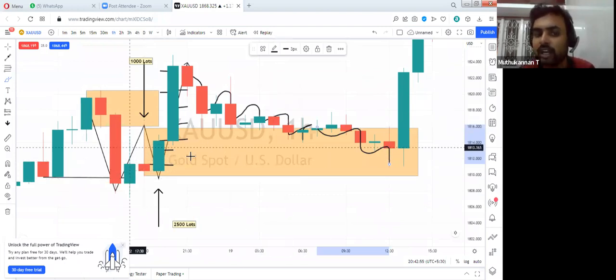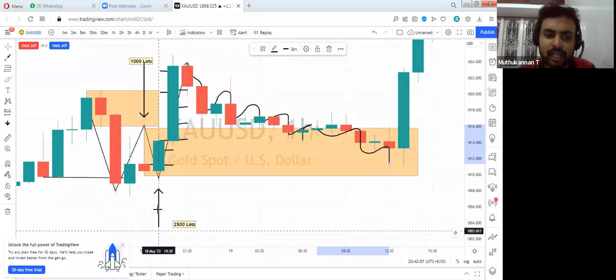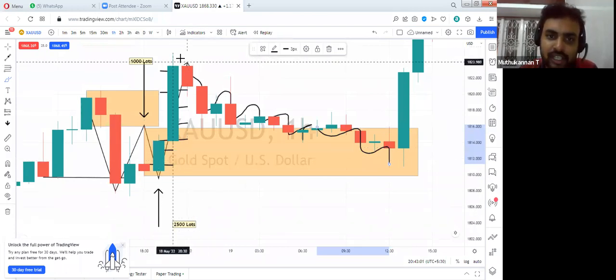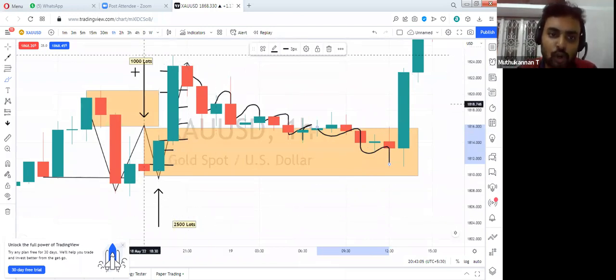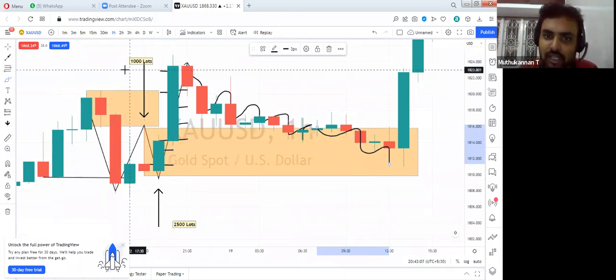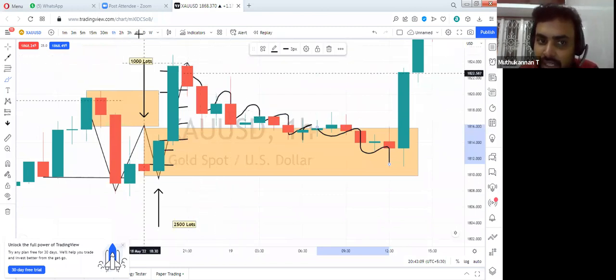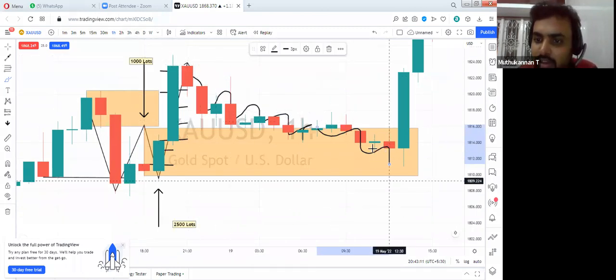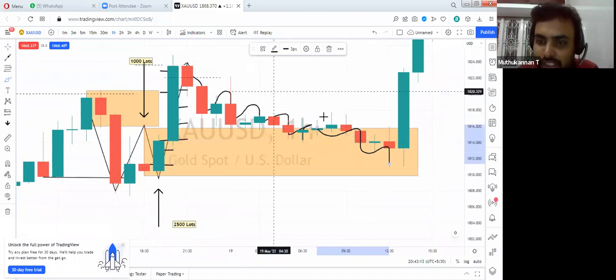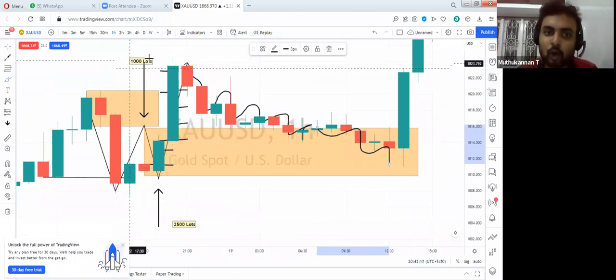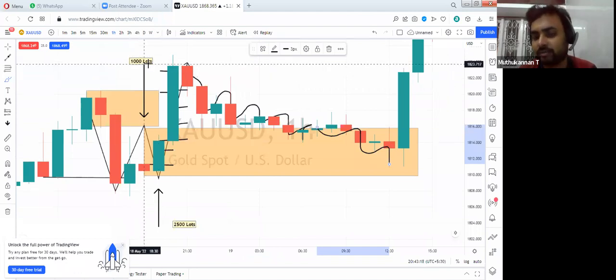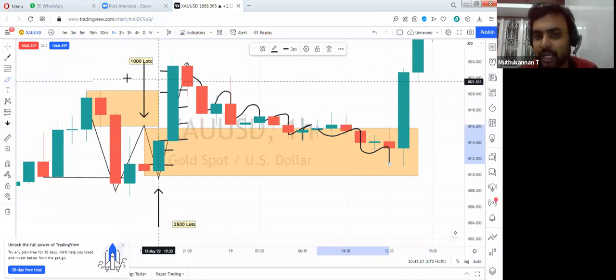They sold 1000 lots here, they bought 1000 lots here. They'll be closing their positions here, or maybe they'll still be holding that position. They sold here, right? This is a negative position. They are converting this negative position into positive. So as soon as price touches here, they will be closing this position.